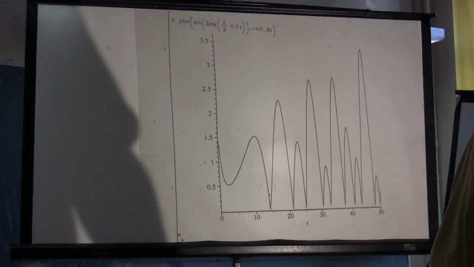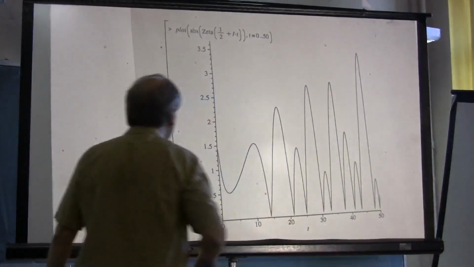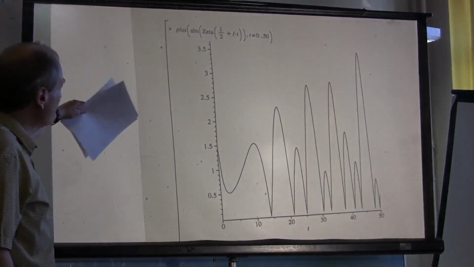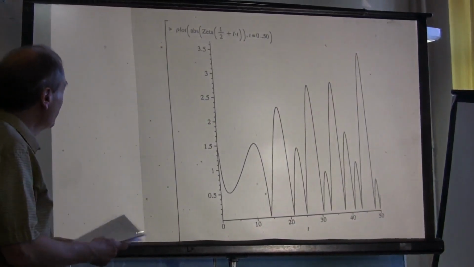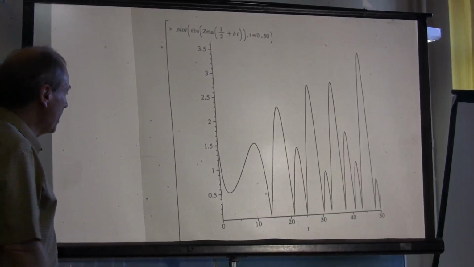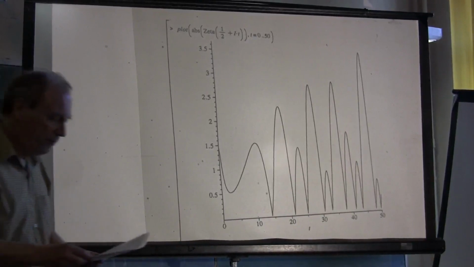So the first picture we already saw. This is the modulus of the Riemann zeta function along the critical line. The top is the command in Maple. So it's the absolute value of zeta of 1/2 plus it from 0 to 50. It's the same picture we had before.